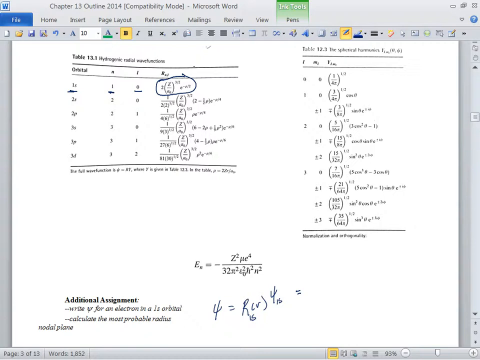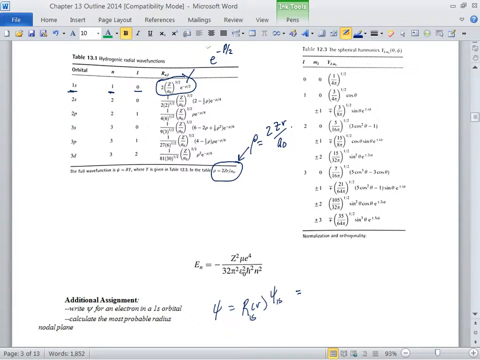And this symbol right here says e to the negative rho over 2, and here's where it says what rho is. Rho is 2Zr over a naught.